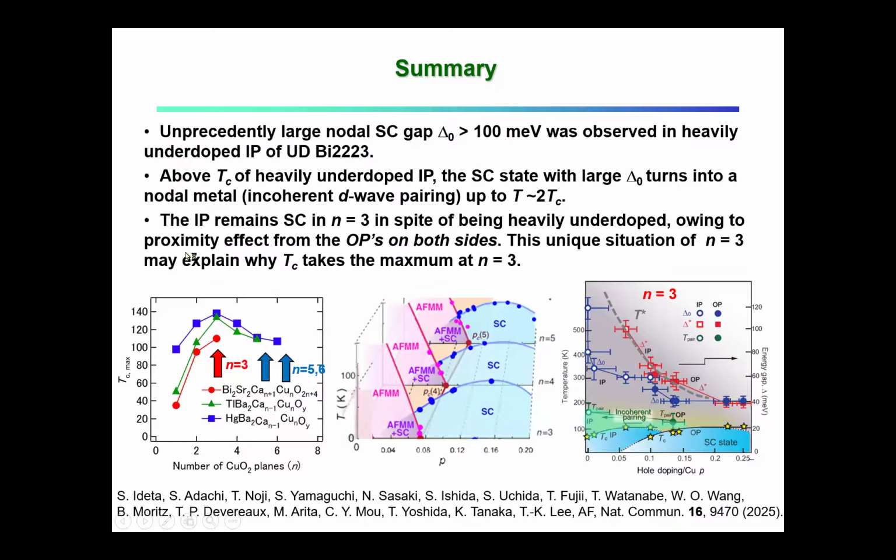And the reason TC max is highest in N=3 is because of the proximity effect from both sides of the inner plane, which is a very unique situation of the N=3 materials. And this explains why TC is highest in N=3. Thank you very much for your attention.